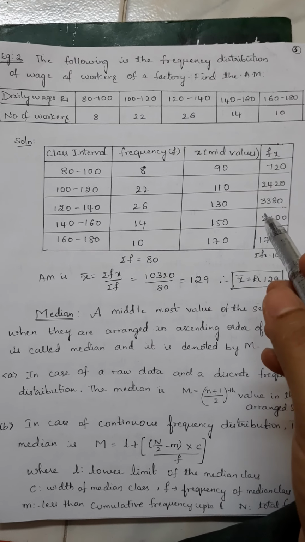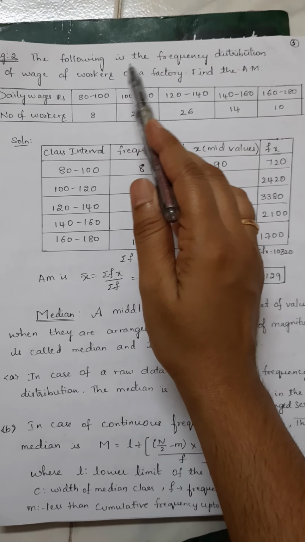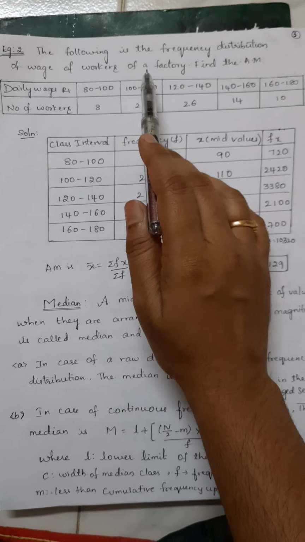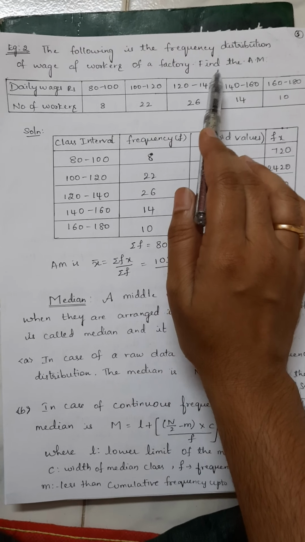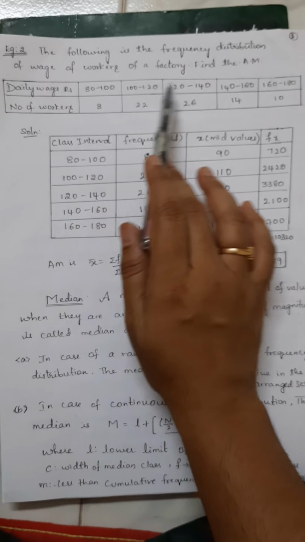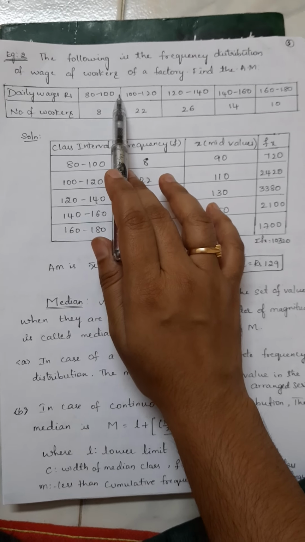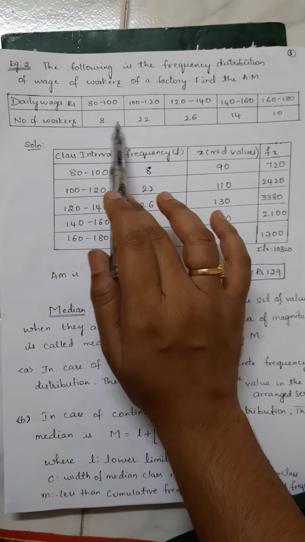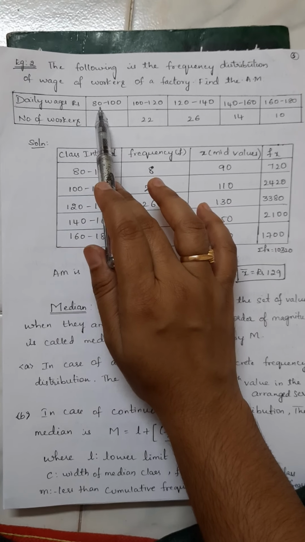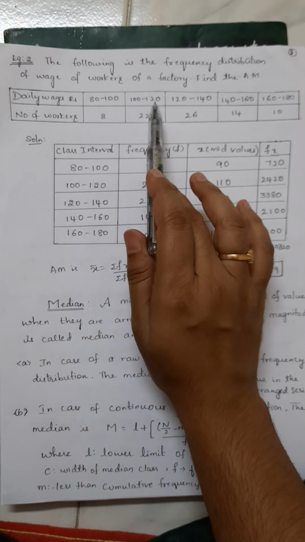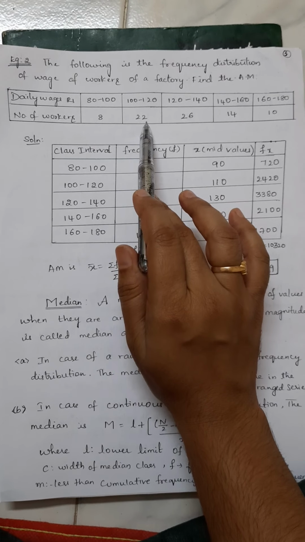Let us take up the second example. The following is the frequency distribution of the wage workers of a factory. Find the arithmetic mean. Daily wages in rupees are given: 80 to 100 rupees, the number of workers is 8. Between 100 and 120 rupees it is 22.